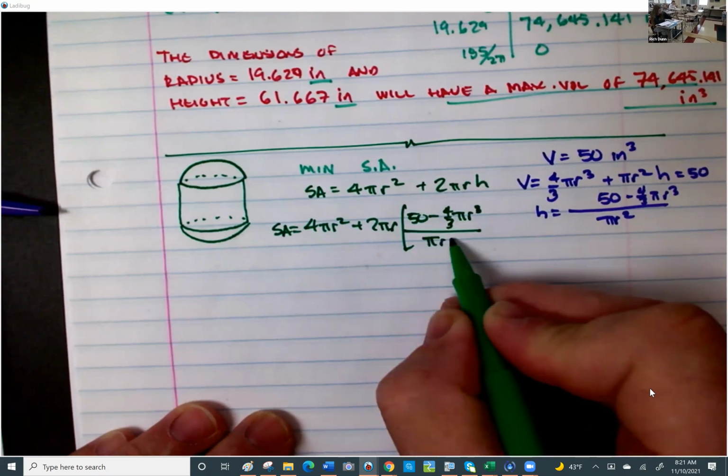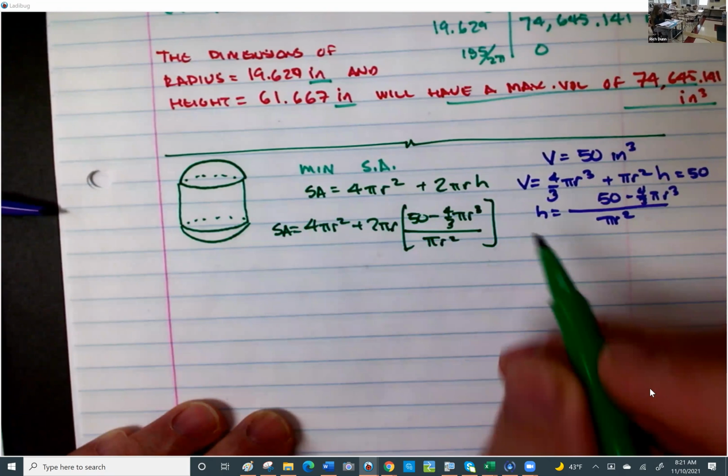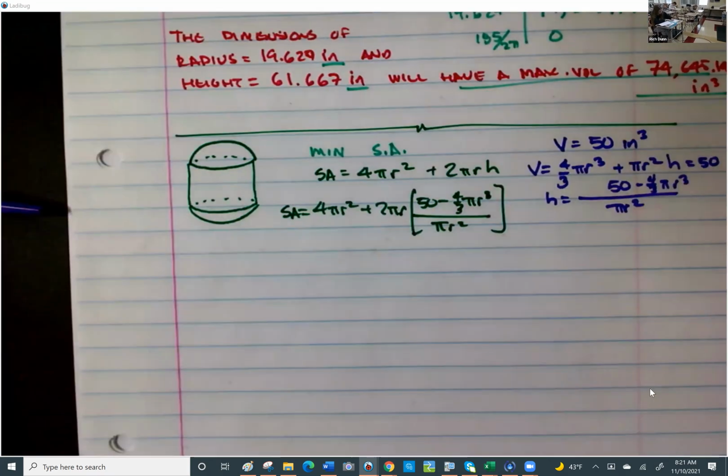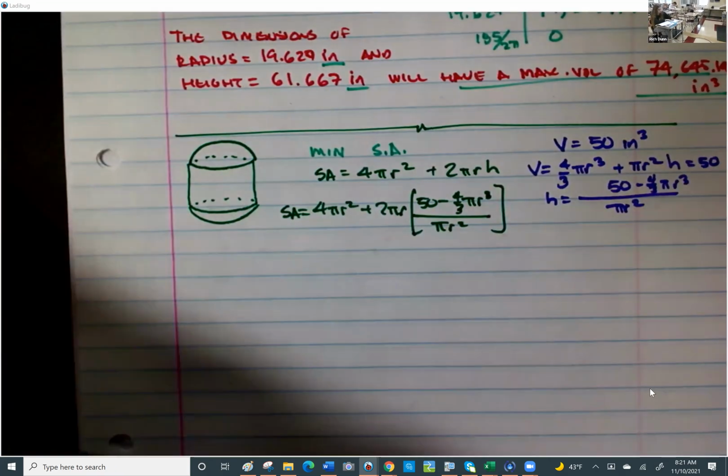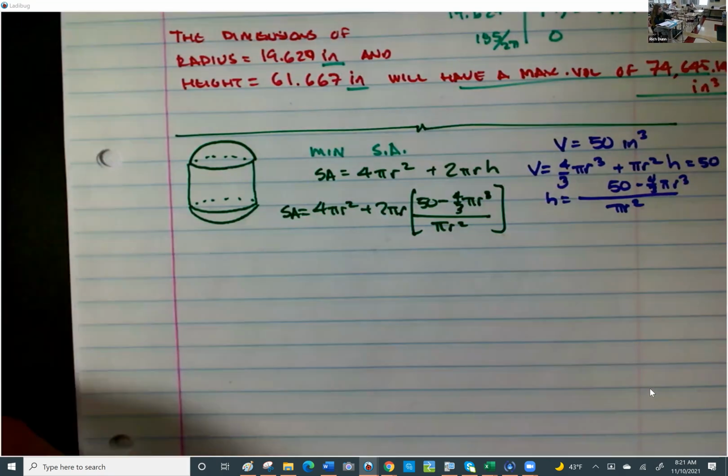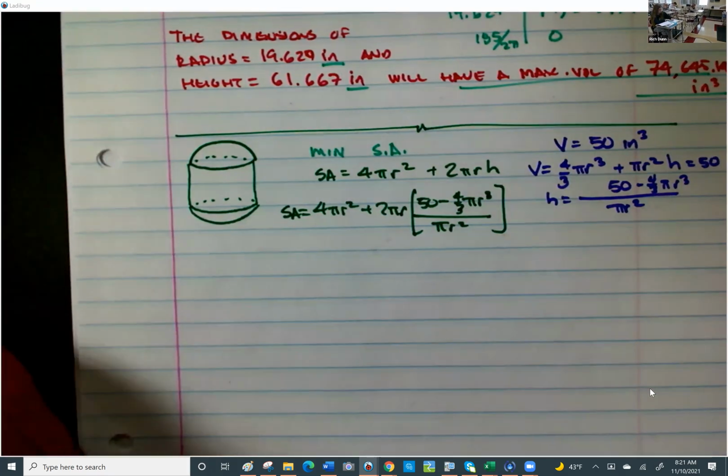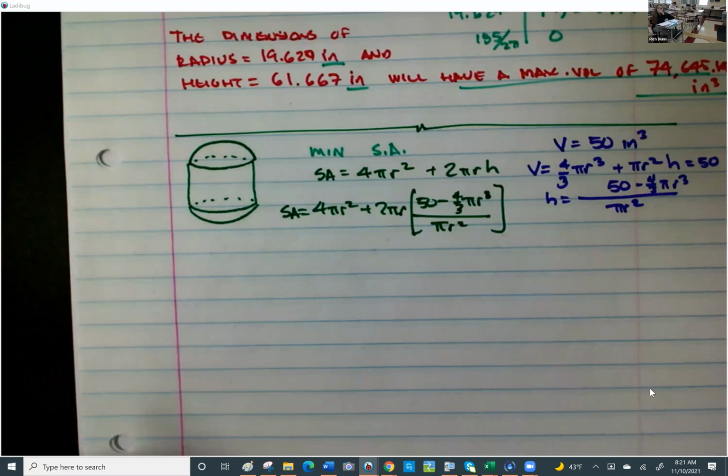pi r squared. Okay, and please, guys, I know I'm skipping the calculator when we're going through these, but you know, you're one of the first generations to go through the high school where you didn't have the graphing calculator put in your hand immediately when you walked in the door.